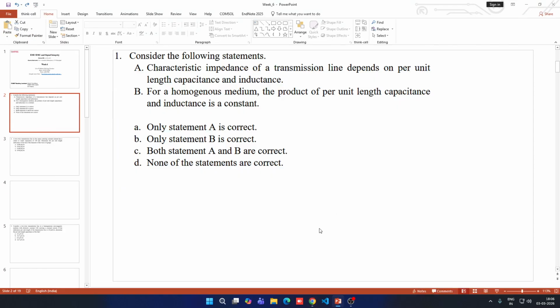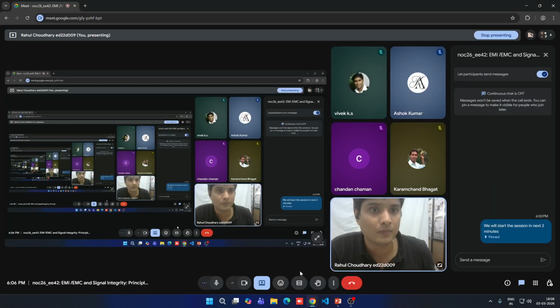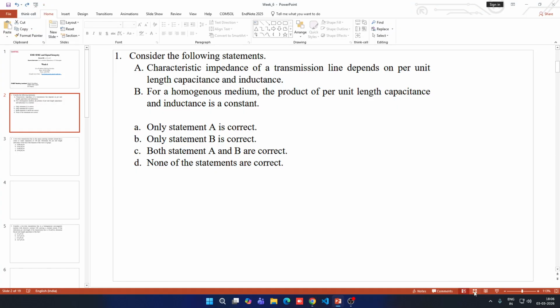You can utilize these 2 to 3 minutes to understand the problem, and if some doubt is there, I will solve it. If there is no doubt also, I will solve it, but after I solve it, if you still have some doubt, we can discuss it again. I hope you got the idea of what I was saying. So let's start today's session with question number 1.